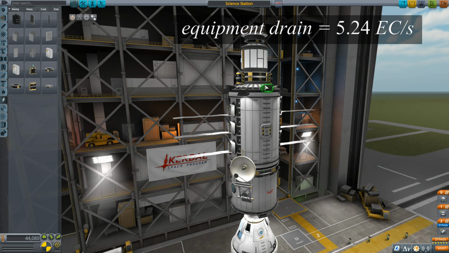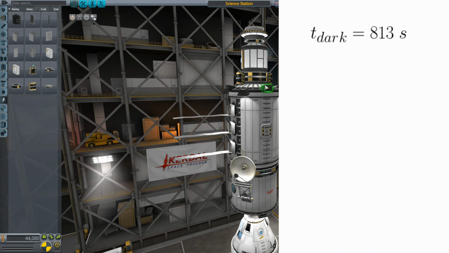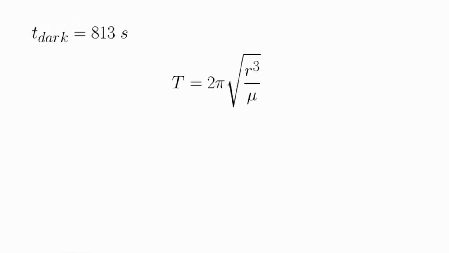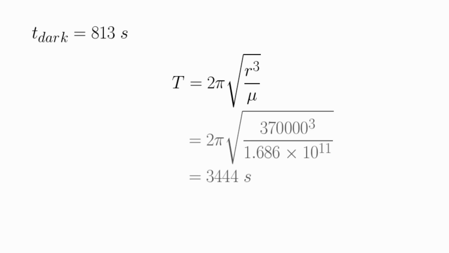So we're going to take the 6,000 units of electric charge, and we're going to work out next how much time we are going to spend in the day. And again, to do that, we use our orbital period formula to work out the orbital period around Moho. The orbital period around Moho turns out to be 3,444 seconds.